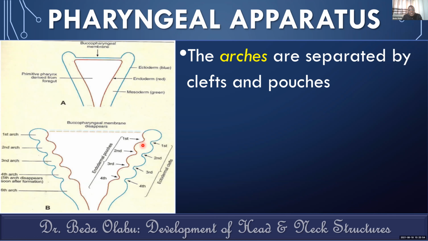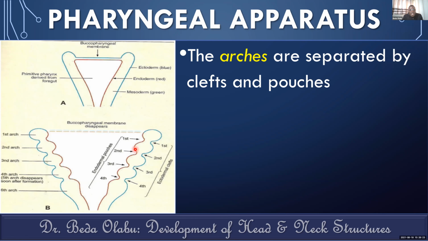The swellings we see are therefore the pharyngeal arches, which have been cut in cross-section. They've been cut transversely. So that will be the first arch, that's the second arch, that's the third arch, that's the fourth arch, and this is the sixth arch. We've agreed that we don't have the fifth pharyngeal arch in humans.